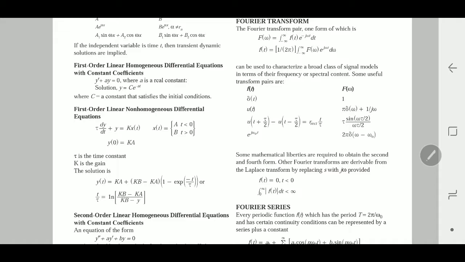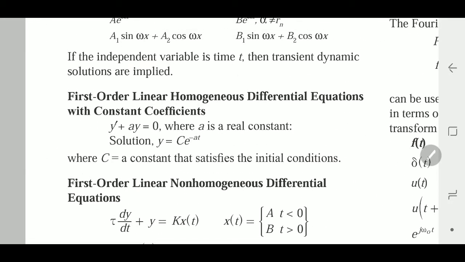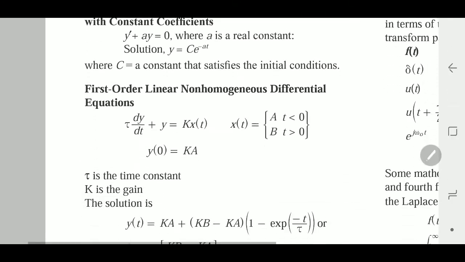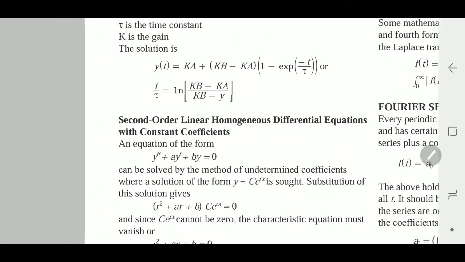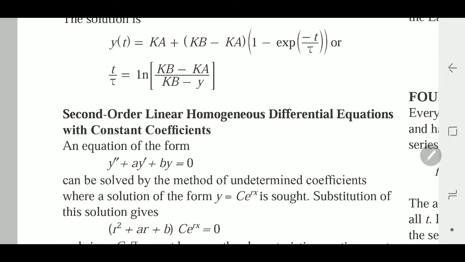It shows you the first order linear homogeneous differential equations with constant coefficients. This is not the case we have. If you have that case, you can use this general equation for the first order. In our example it's actually second order, meaning the y double prime right over here.